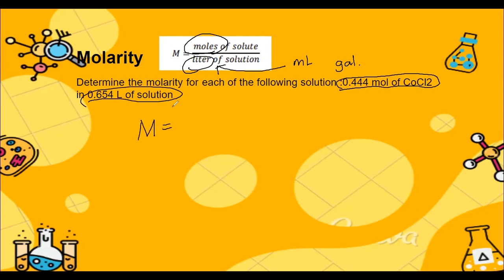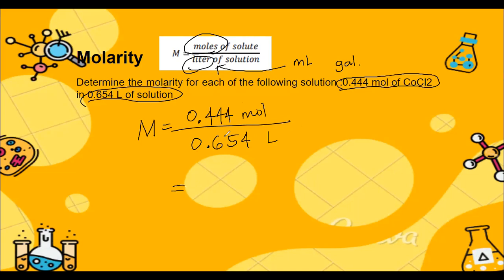So you need to write the moles of solute in the upper part. So let us write 0.444 moles over the liter of solution, which is 0.654 liters.